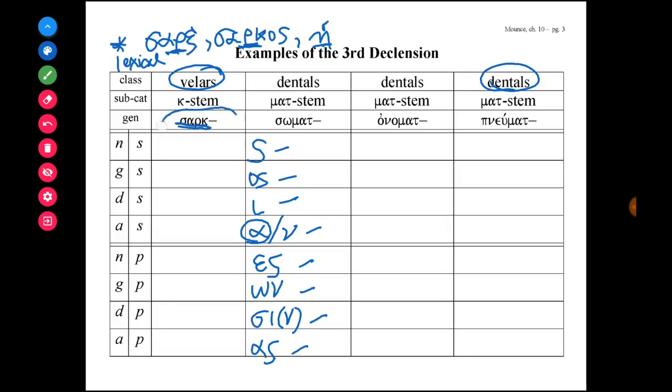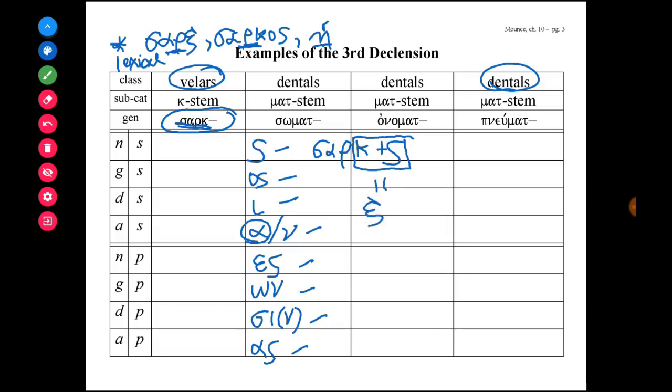Now, if the stem is sarc, what happens when you add the case ending sigma? What happens when you combine them together? Remember that a kappa and sigma form, among the velar stops, a kasi letter.